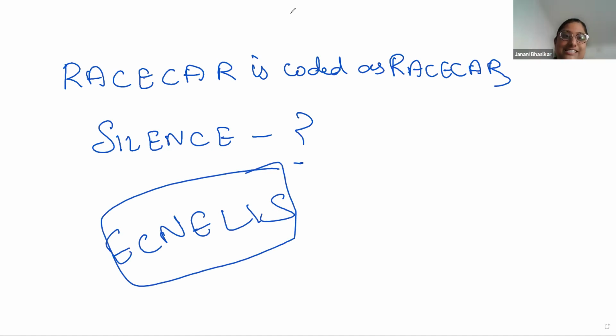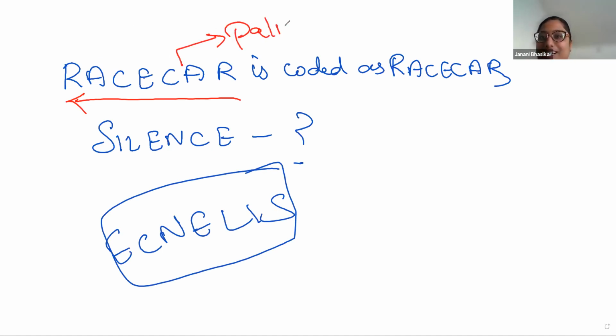Let's check which is right. Okay. Now, can someone try reading the word race car from the right side? What is this word? That will still be pronounced as race car only, right? So this is a palindrome word.